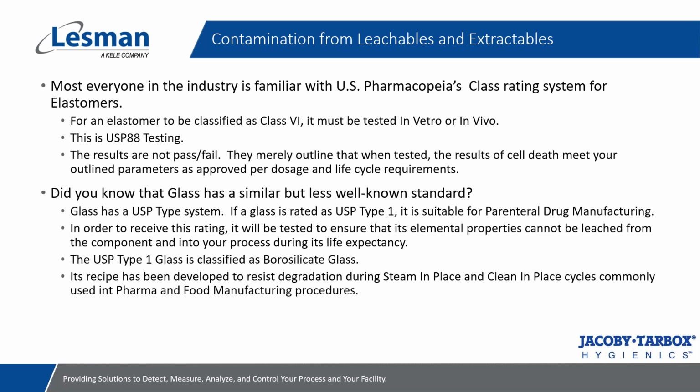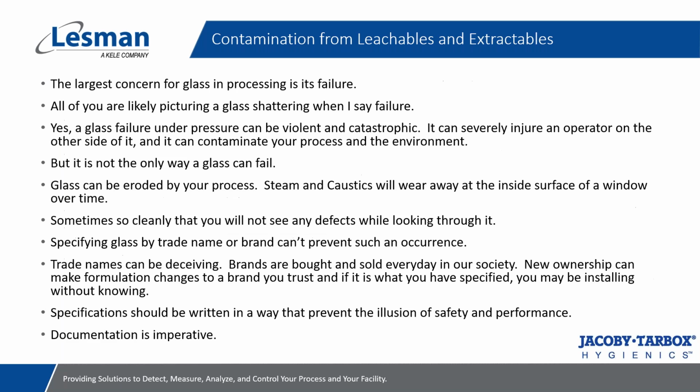The recipe was developed to resist degradation during steam in place and clean in place cycles. These cycles are fairly similar, but not identical in food and beverage, right? They're still cleaning to a very hygienic level, but maybe not to the same scope and scale that a pharma facility would. But if it can pass the pharma requirements, it will pass everything else.